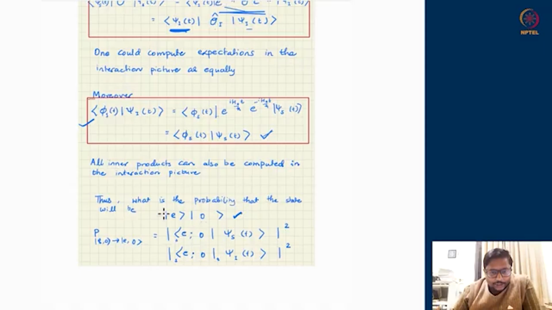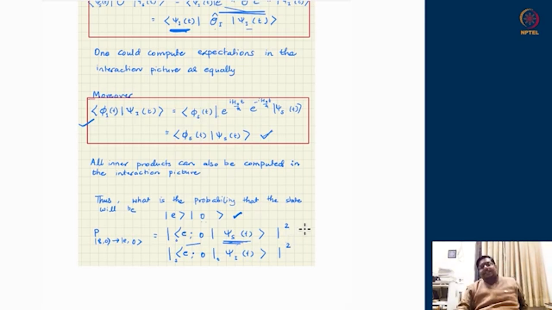So I am asking what is the probability that the state has become this after time evolution. So what I should do is time evolve the initial state to psi S of t, and then take the overlap with the state of my choice, E0, that I want to know the projection on. This mod square will tell me the probability that the final state is E0.